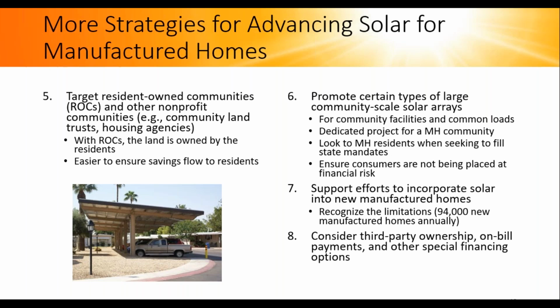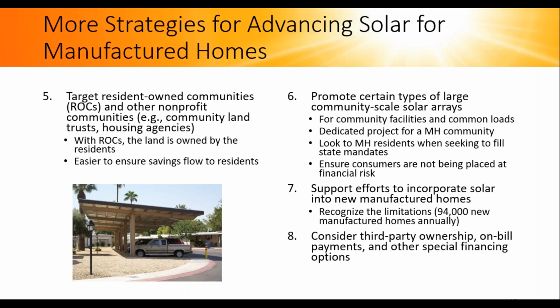Two last strategies I want to mention. It's really quite worthwhile to support efforts to incorporate solar into new manufactured homes. That can be efficient, it can be cost effective, but it has two limitations. The first limitation is that the market for new manufactured homes is not that robust at the moment.